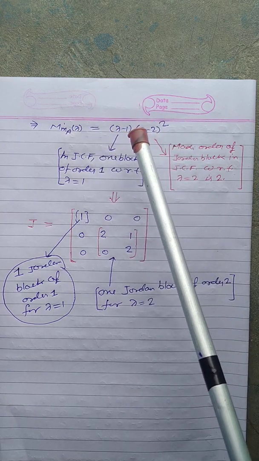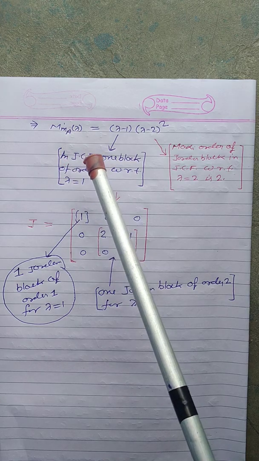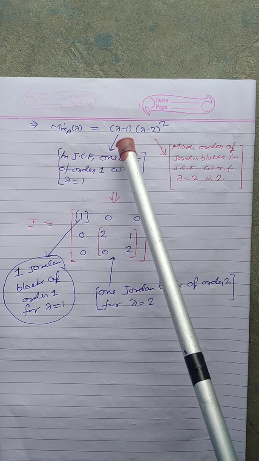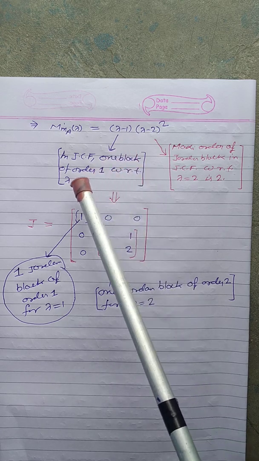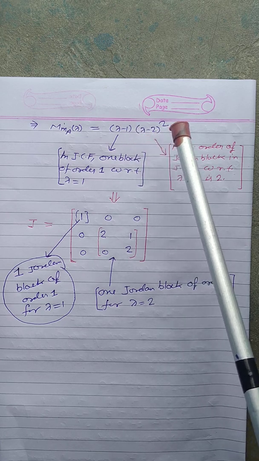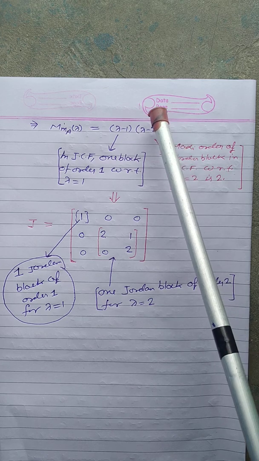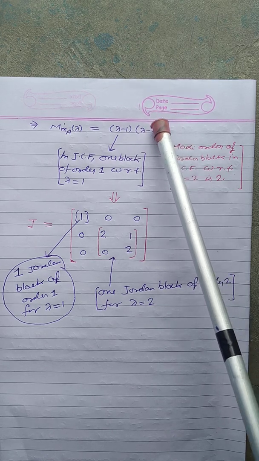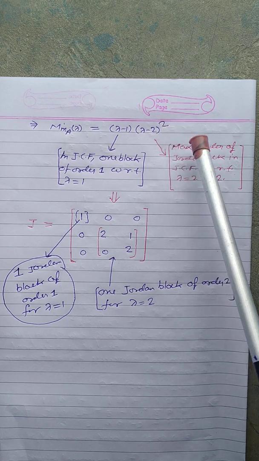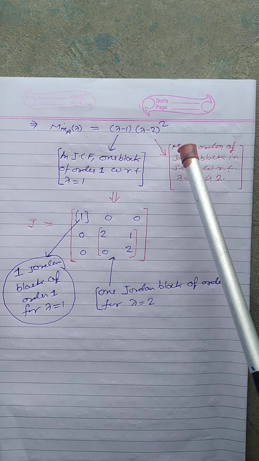the factor lambda minus 1 in the minimal polynomial shows that in the Jordan canonical form we have only one block of order 1 with respect to lambda equal to 1, and for lambda equal to 2 the maximum order of the block is order 2, and we have only one block with respect to lambda equal to 2.